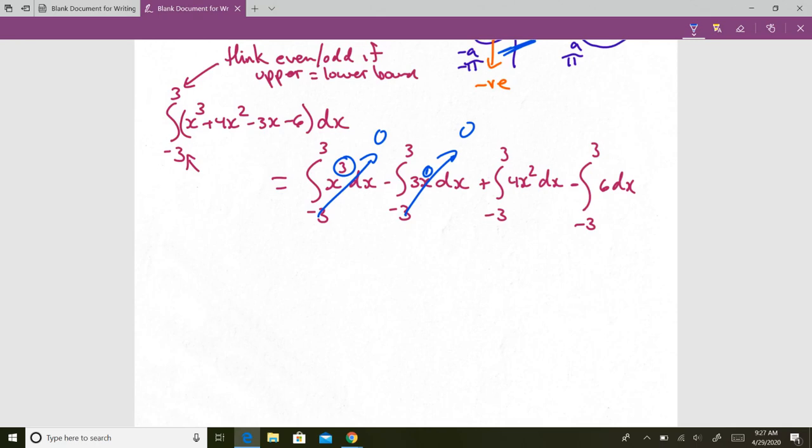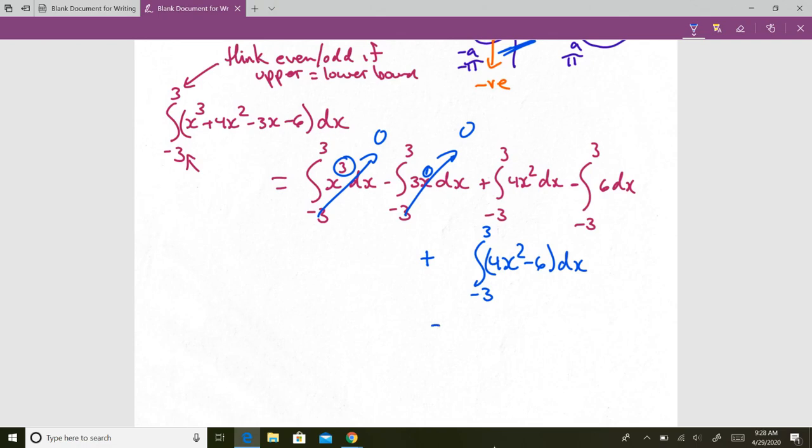This one, I could separate them like that, or I could write them as 1 integral of 4x squared minus 6. That is an even function, okay? From -3 to 3. This is even, it's a parabola opening up.